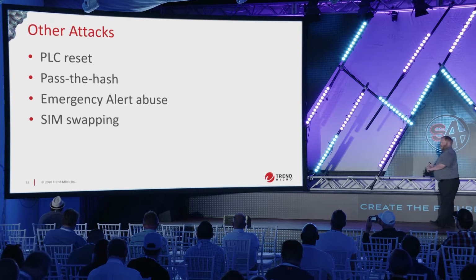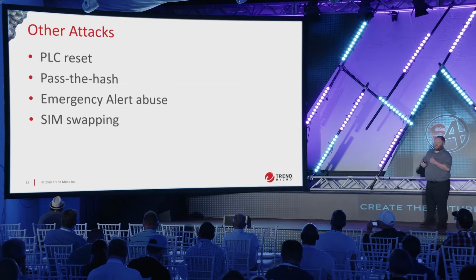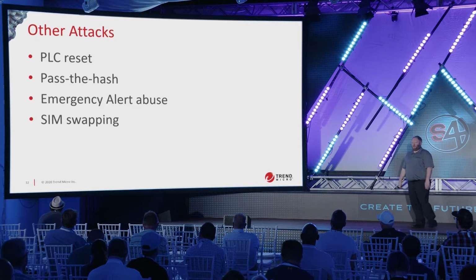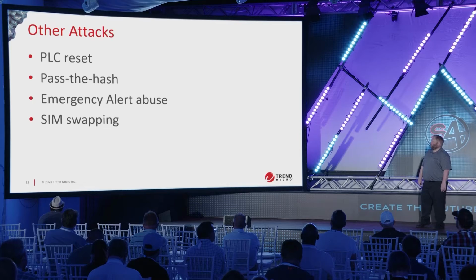The other tests that we did: PLC reset, just erasing the logic on the PLC. Some pass the hash, so your standard Microsoft passing of the hash. Emergency alert abuse. None of the devices that we had any vulnerabilities with the emergency alert, but it would be something worth testing if you are going to start setting up a bunch of cellular devices in your network.